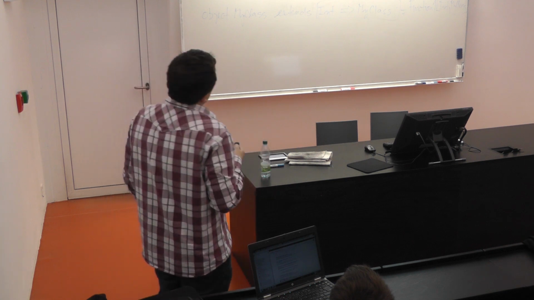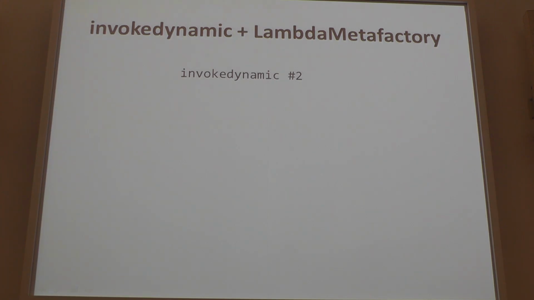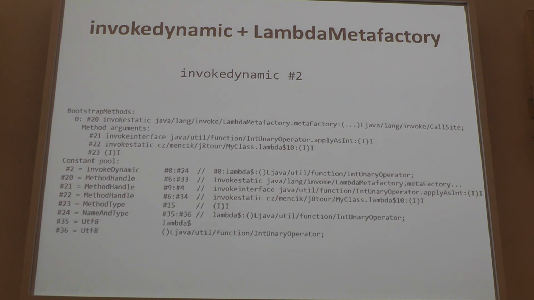As you've seen there was an invokedynamic instruction, and it takes a reference. What does this mean, like #2? It is a reference in the bytecode. There is something that is called the constant pool, that is a storage, a dictionary of constants used in the class, and it's basically a reference here.